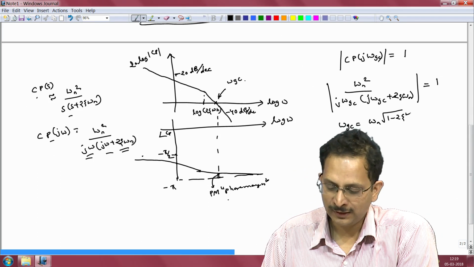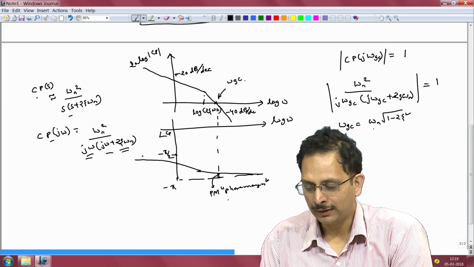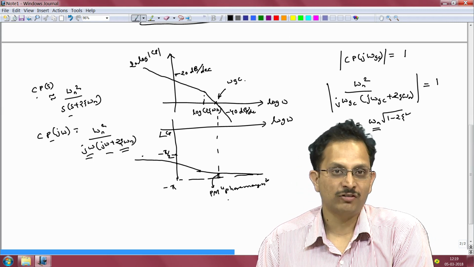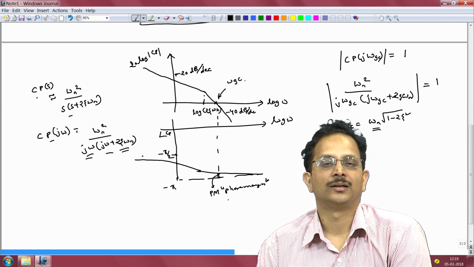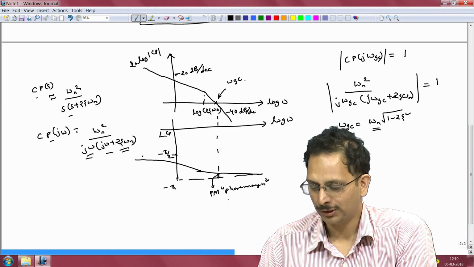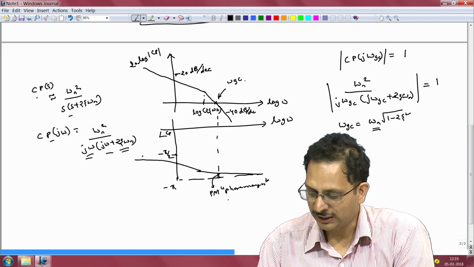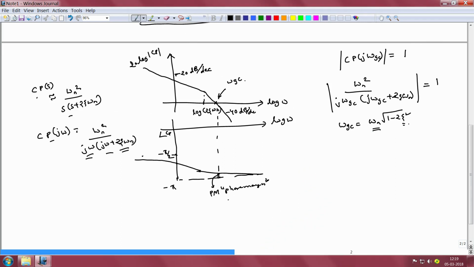So, we see that if we have identified omega n, which can be obtained from the rise time specification in the time domain step response of our closed loop system, and if we have determined zeta, which can be obtained from the peak overshoot specification, we can determine the gain crossover frequency of our open loop system to be approximately omega n times square root of 1 minus 2 zeta square.